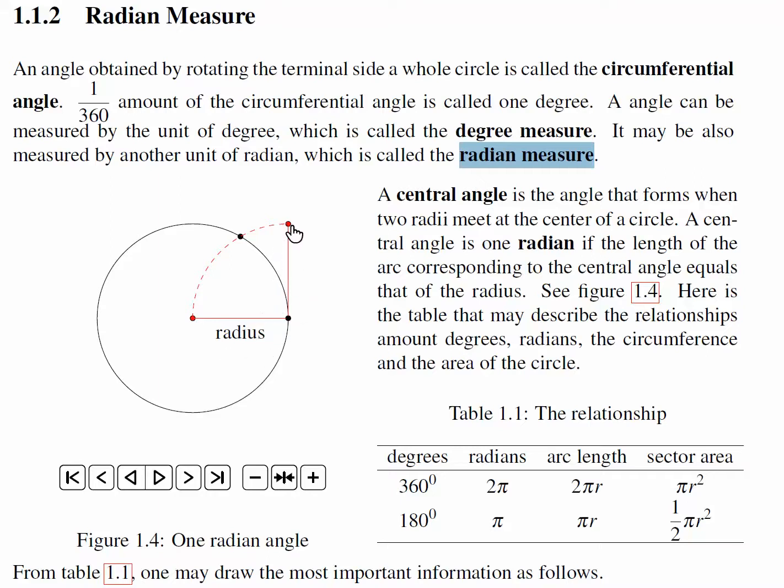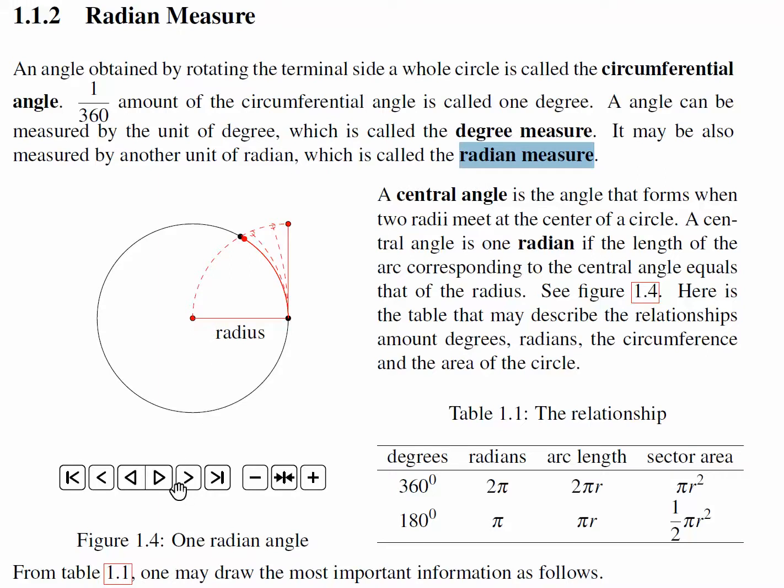Then we start to bend this radius. Of course, when you bend it, the point will not reach this point. You see, when you bend in this way, the red point is close to the black point, but they do not coincide. Because the length of the arc in this case is the length of the radius.